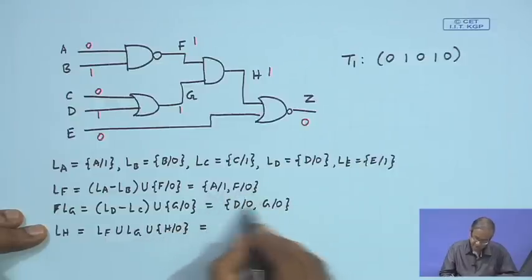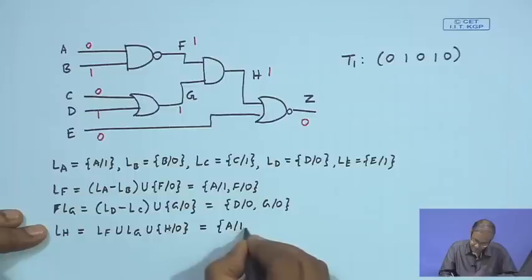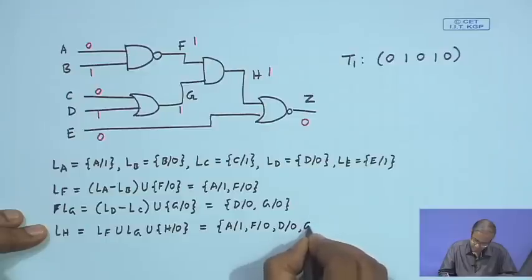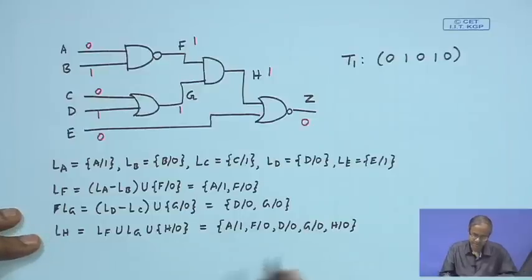This is LF and this is LG. So, you take the union, there is nothing common. So, A1, F0, D0, G0 and H0. This will be LH.